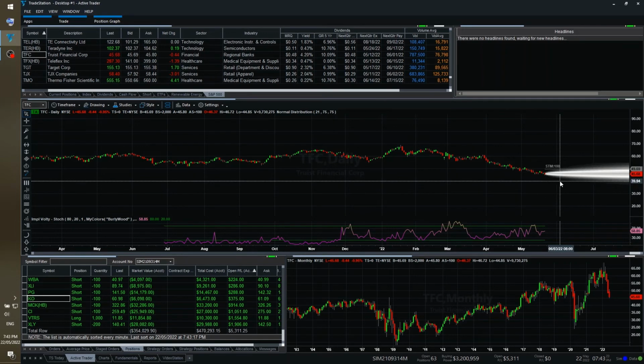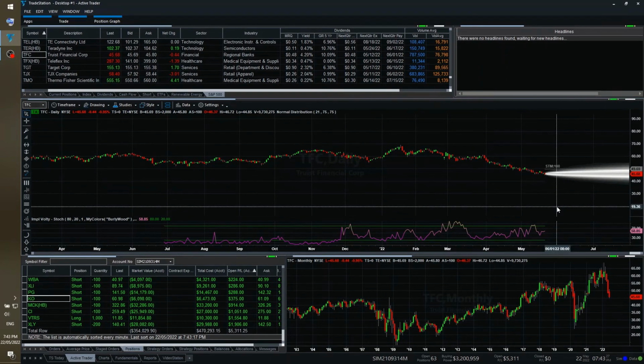Everything will run automatically, even if we are sleeping, which is a very important point of the trailing stop technique.